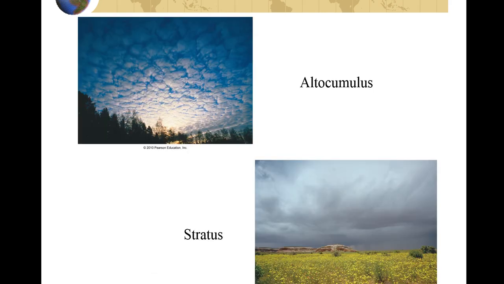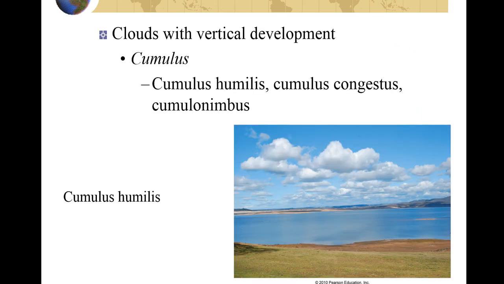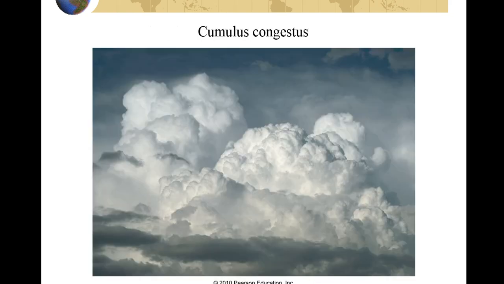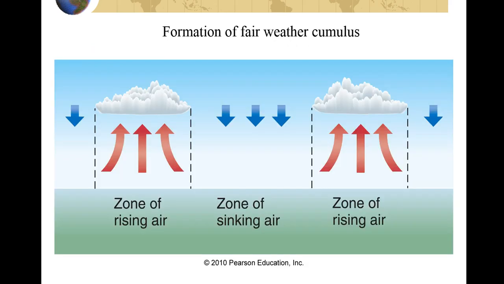And so a couple of nice pictures of the different clouds. And then we get to the clouds with vertical development, and you start to see the cumulus clouds billowing up. Then we see cumulus clouds towering into thunderstorms. We see that these cumulus clouds often form in zones of unstable air, which we've talked about earlier, where we see pockets of air that are warmer than the air around them.